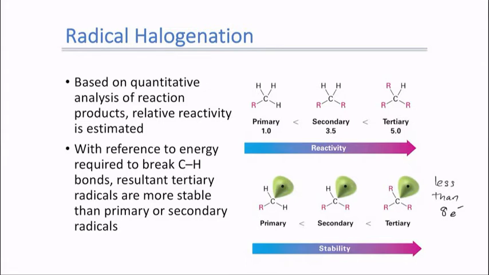So if it's similar to our carbocations, it should follow the same stability trend that the carbocations do. And so we do see that with the radical halogenations. They follow the same stability trend. So a primary radical is not as stable as a secondary radical, which isn't as stable as a tertiary radical. Just like with our carbocations, the primary carbocation is the least stable and the tertiary is the most stable. Same with the radicals.